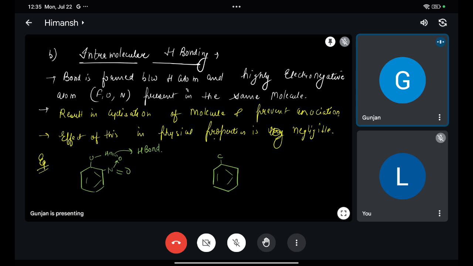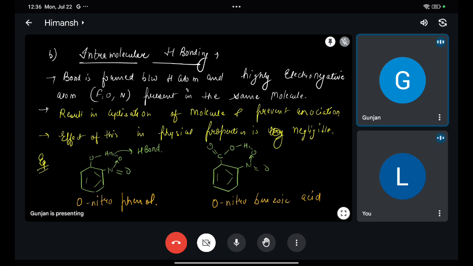So COOH and nitro, like this. Got it, Himansh? Ortho-hydroxybenzoic acid, ortho-nitrophenol. Got it? Any problem, Himansh, as of now? No problem.